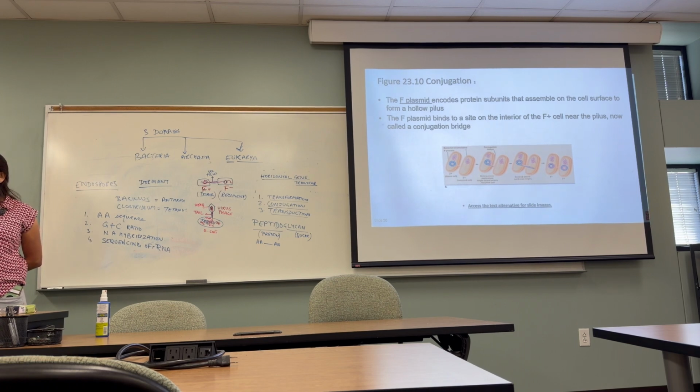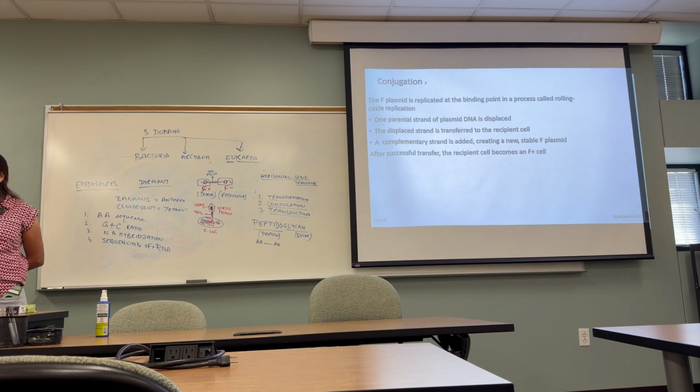Okay, the F plasmid will bind to the site, to the interior of the F plus cell near the pilus, now called a conjugation bridge or a pilus. So F plasmid is replicated, and then one parental strand of the plasmid DNA is displaced. The displaced strand is transferred to the recipient cell.